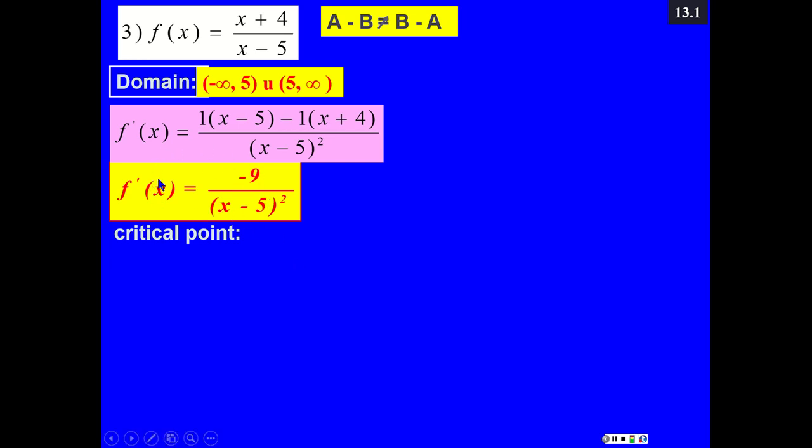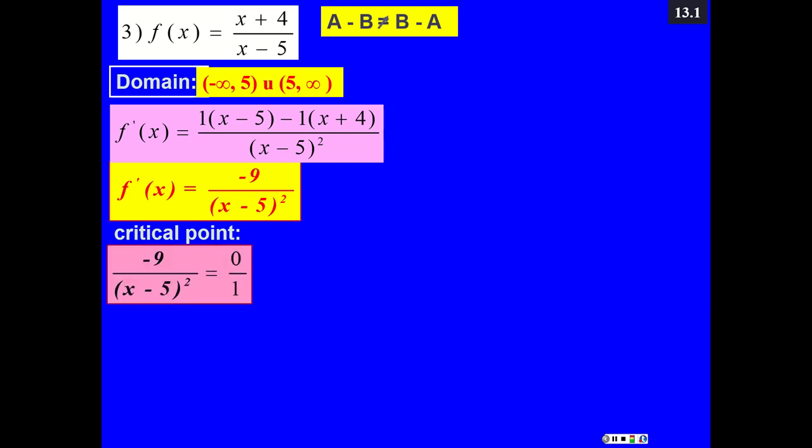Anytime my first derivative is a fraction, when you are trying to find the critical point, set your derivative equal to 0 and solve for x. When I set it equal to 0, because here is a fraction, I made it 0 over 1. Then I have 1 fraction on the first side, 1 fraction on the second side. The easiest way to solve, you can cross multiply.